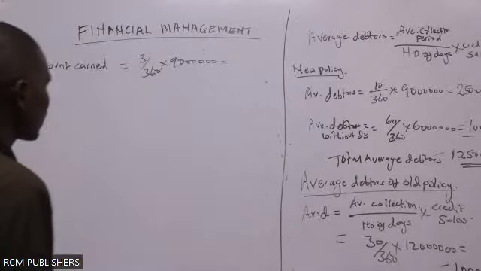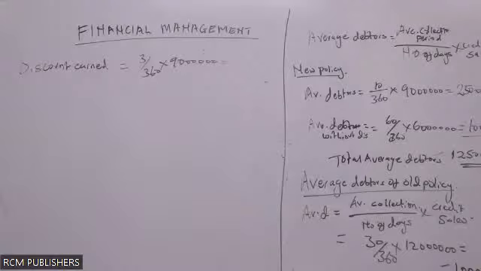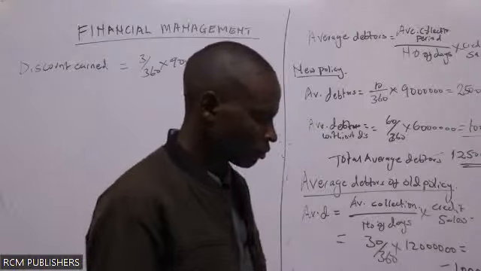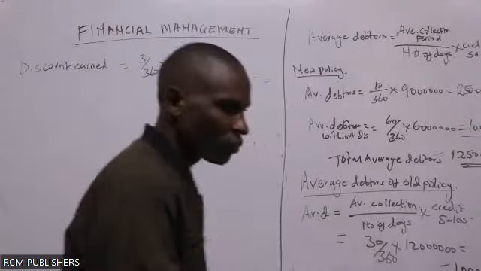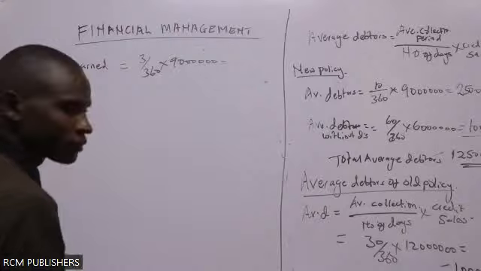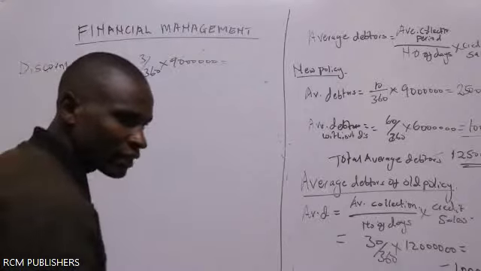Hiyo discount inaingia ngapi? $75,000 per month. 270. 25,000 ni gani sasa?